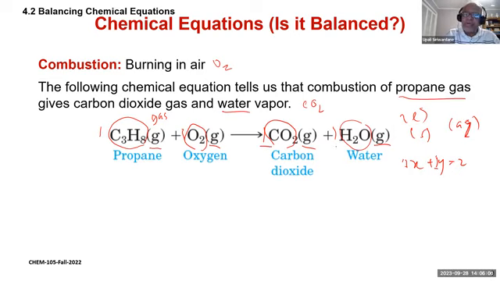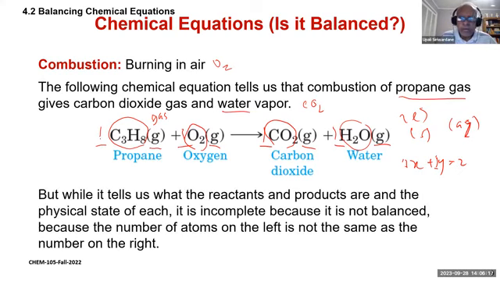Stoichiometric coefficients in front of each compound on the reactant and product side are used to balance the equation. To know if something is balanced, you count the number of carbon atoms here. There's only 1 carbon on one side, with 3 on the other. That's not balanced. You normally change it to 3 here, this stoichiometric coefficient, to start with.